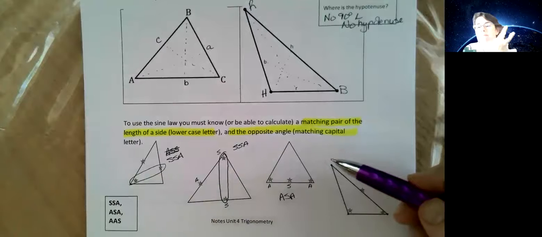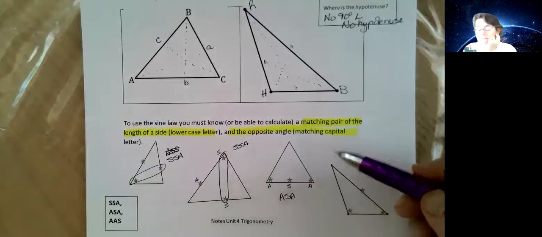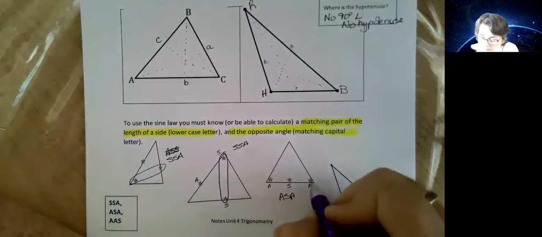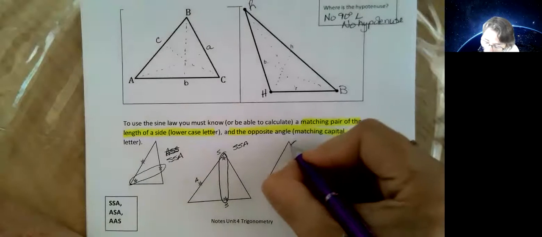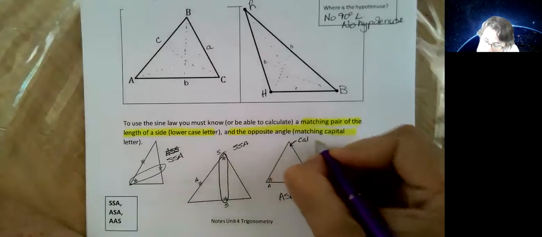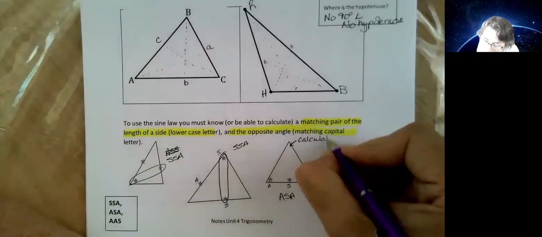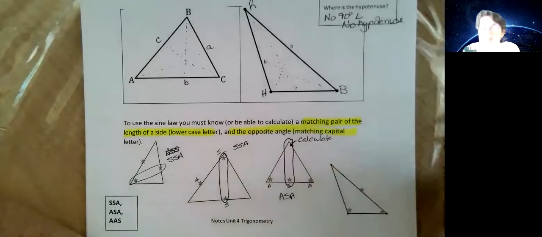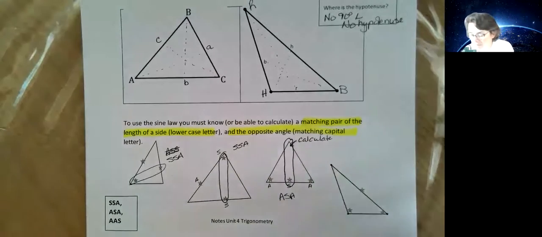And you're saying, but you just told me there needs to be a matching pair. But you guys are clever. Remember, if you have two angles in a triangle, you can calculate the third. And then you'd have your delightful matching pair that you need.